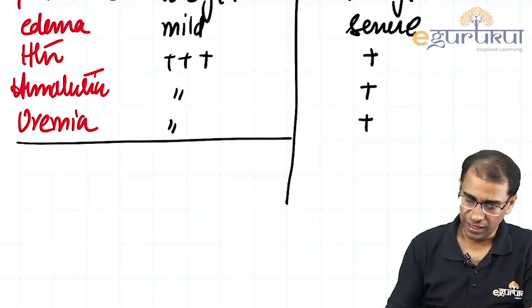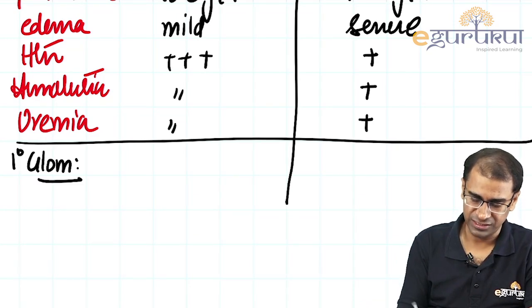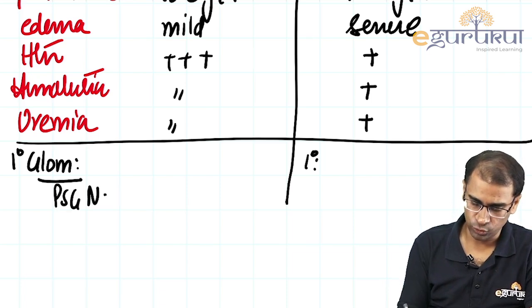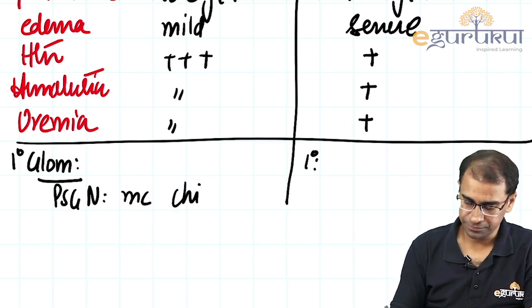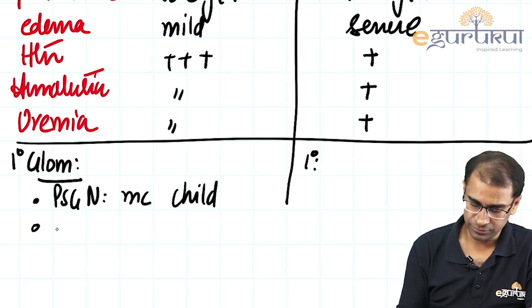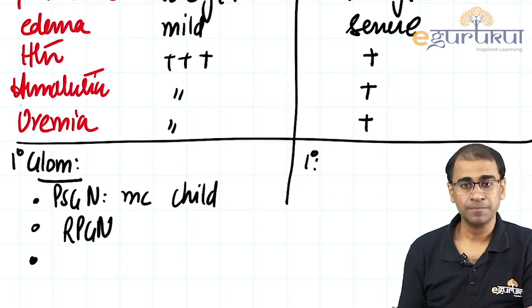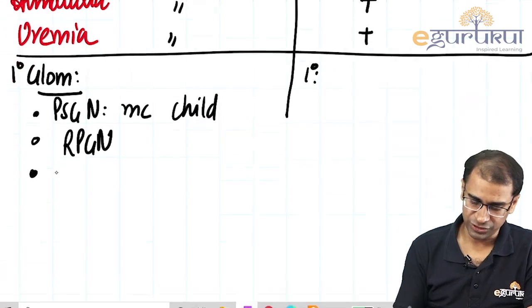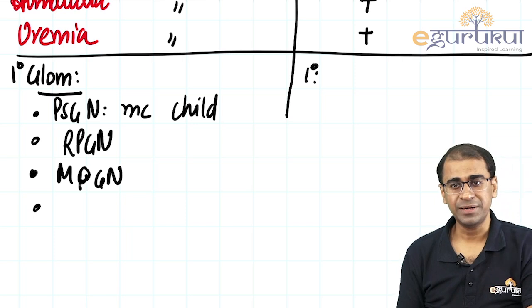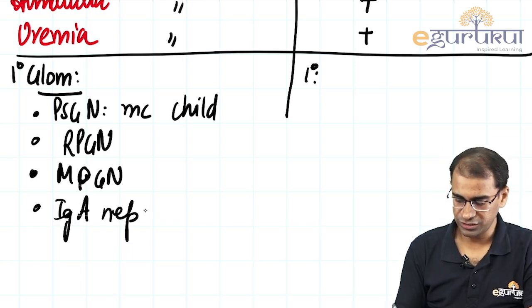In the primary glomerular disease, nephritic is caused by PSGN, the most common cause in children. It can be RPGN, MPGN, and IgA nephropathy.